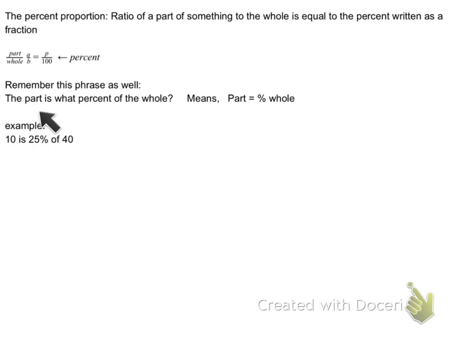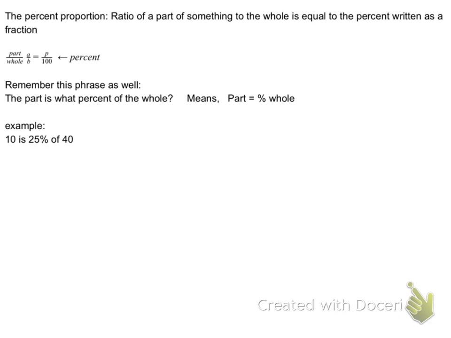And if you can remember that phrase, you could write this down. Part equals percent times whole. I think if you have this phrase right here, there's only three things. You have to know what part you're talking about, what's the percent, and what's the whole, what's the group. The part equals the percent times the whole.